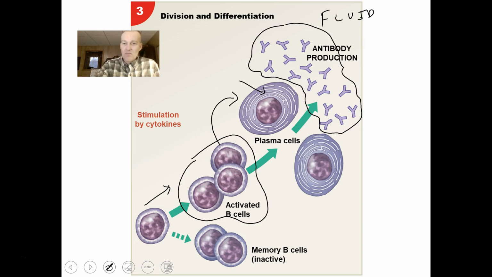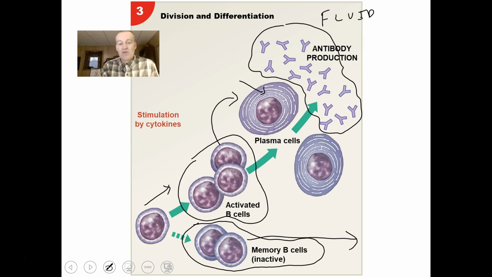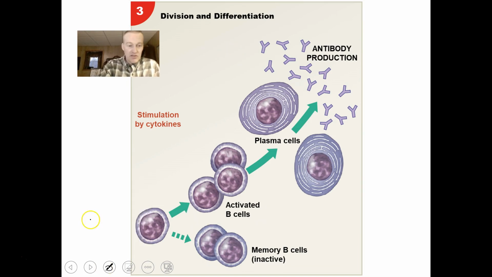Also, this activated B cell will form inactivated memory cells, and those will go and reside in all different places of your body waiting for that antigen to come around again so it can have a no delay response at producing these antibodies. Now this process you see here takes time. Sometimes you get sick and it takes a week or a week and a half for you to basically start feeling better.